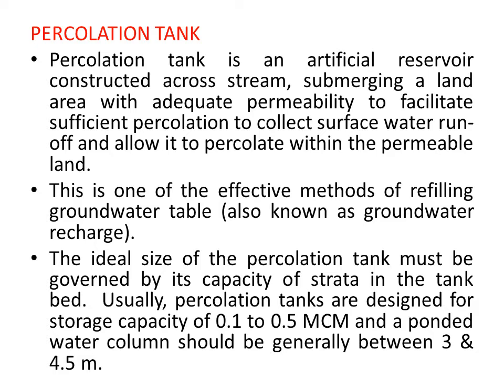The ideal size depends on the volume, the quantity of water to be collected. Usually they are designed for a capacity of 0.1 to 0.5 million cubic meter, and the depth provided is usually 3 to 4.5 meter.